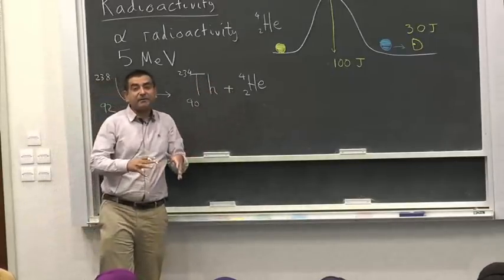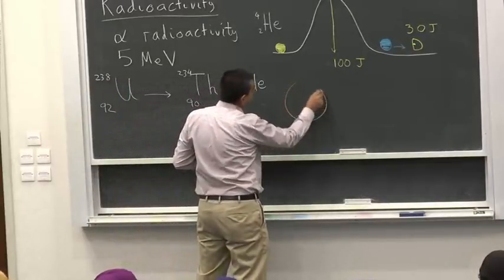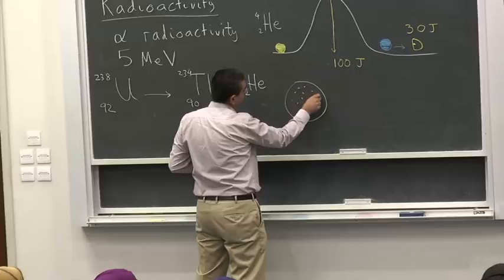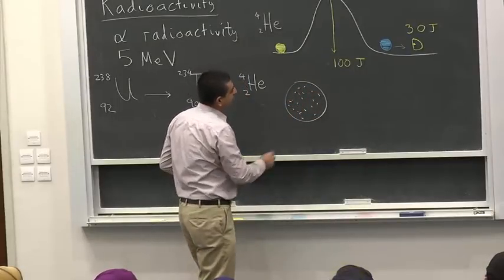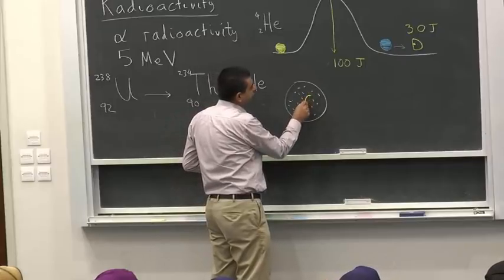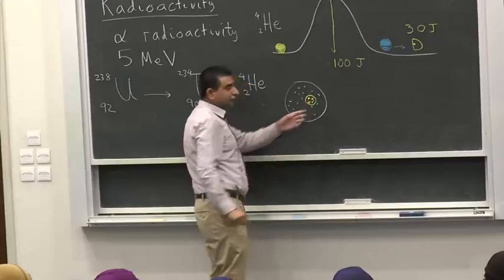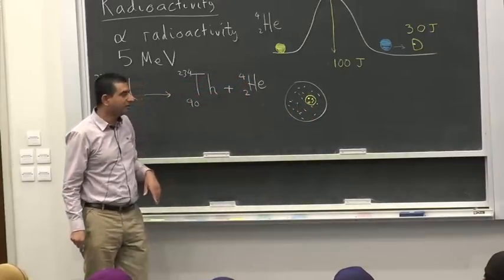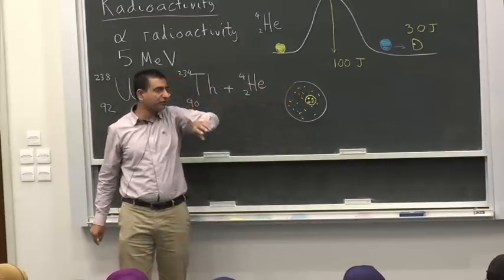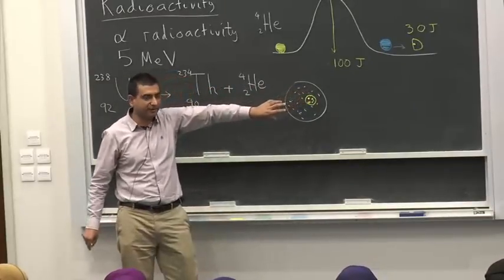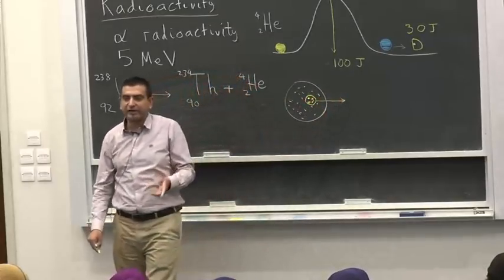Now this particle is coming from inside the nucleus. Of course, I have a bigger nucleus here, the uranium nucleus. Inside the nucleus, there is a combination of 2 protons and 2 neutrons. I'm just drawing a cartoonish representation. So this congregate of protons and neutrons is inside the nucleus and is coming out from the nucleus, and you're observing it. This is what radioactivity is.